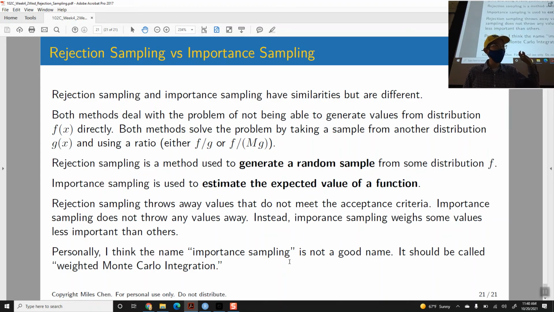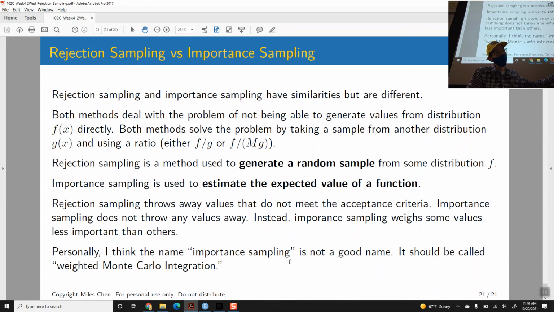Importance sampling is just a method to get an estimate for some integral, right? Or some function, often in the context of Bayesian statistics, where you're trying to estimate some expected value of a function. And so you're going to take all the values that get generated by g, and you just weight some of them. You say these ones are more important, these ones are less important, but we're going to accept all of these values of g.